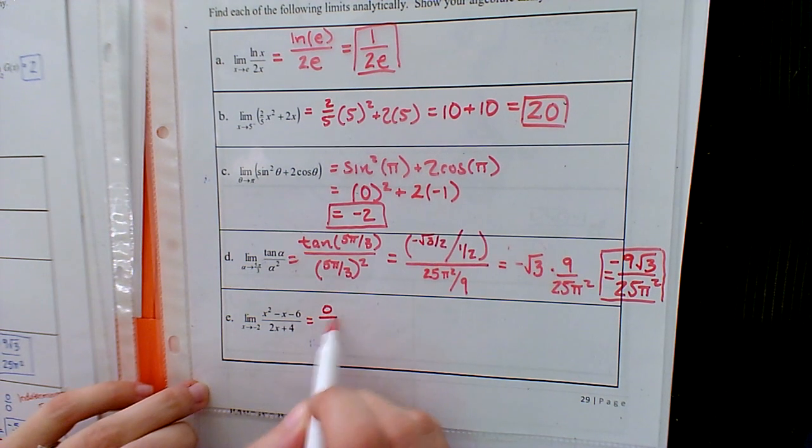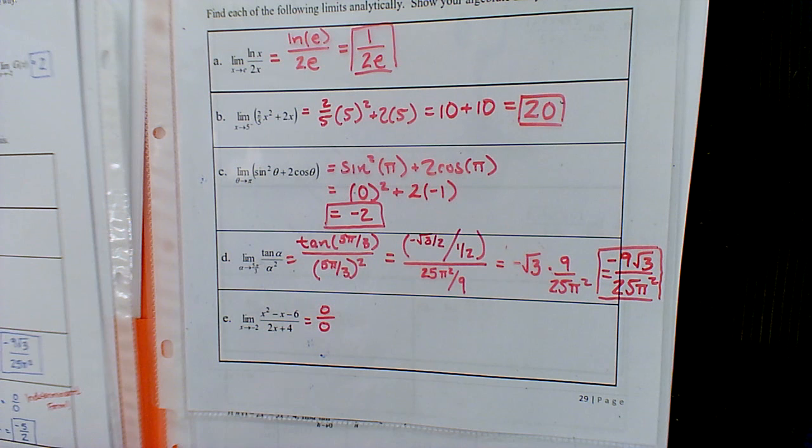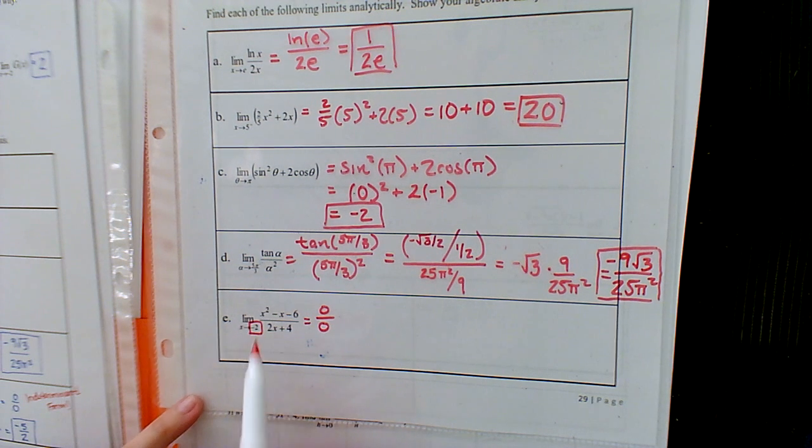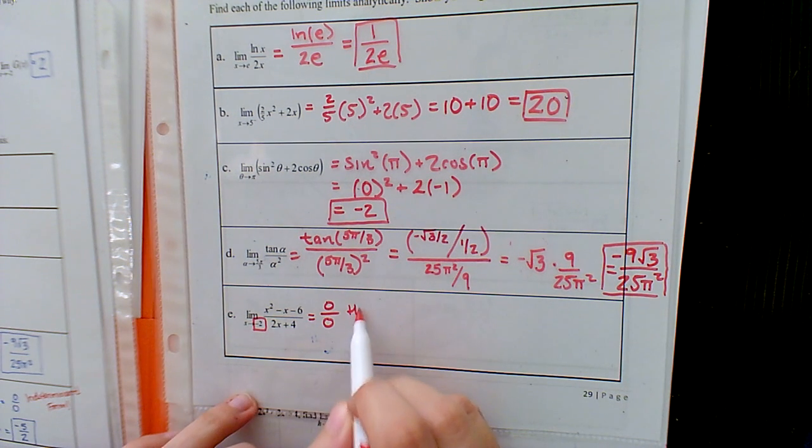Do we remember what that's called? There was a term we used yesterday. The indeterminate form. Okay, 0 over 0, indeterminate form. And do we know graphically what's happening at this -2 location on the x-axis? There's a hole, okay?